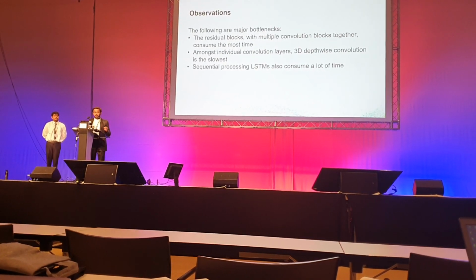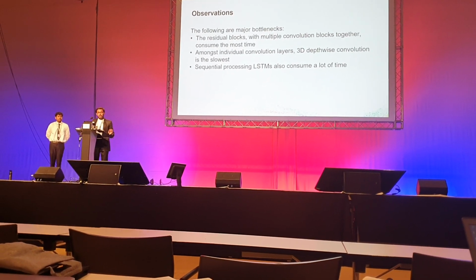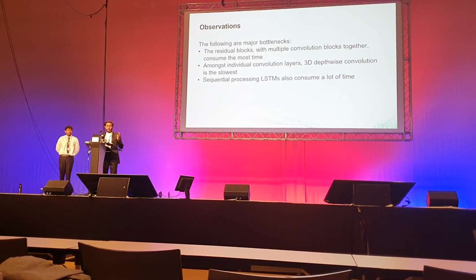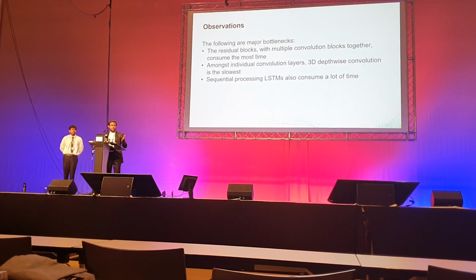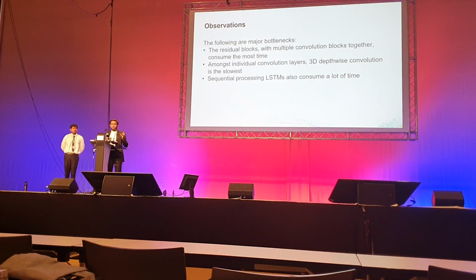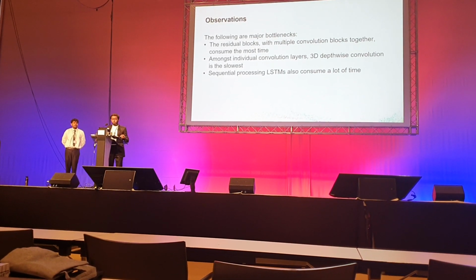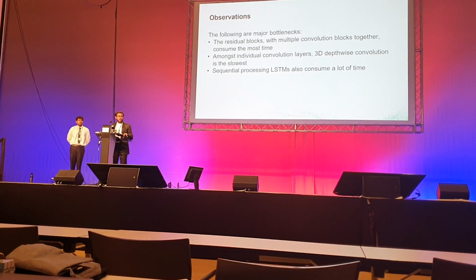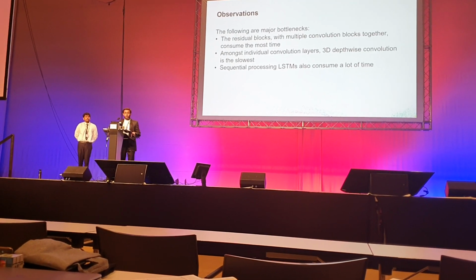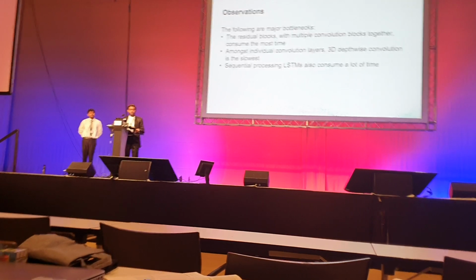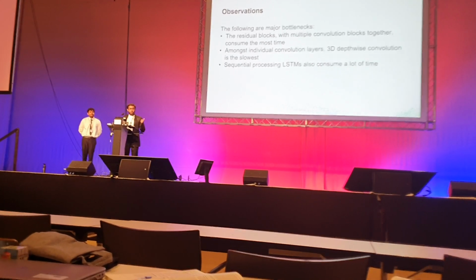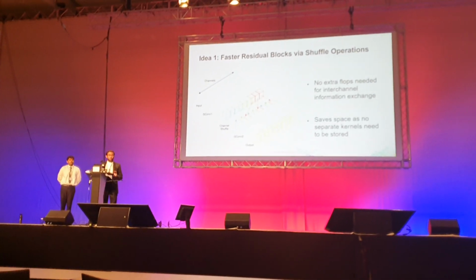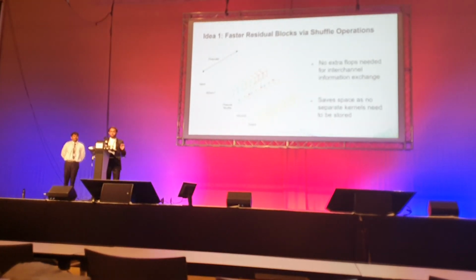The second primary observation was that amongst single layers, 3D convolution takes the maximum amount of time. And finally, the sequential processing of the LSTMs being used in that particular model is also a major hog that really slows down the state-of-the-art model. So our approach was to tackle all these three points one by one.